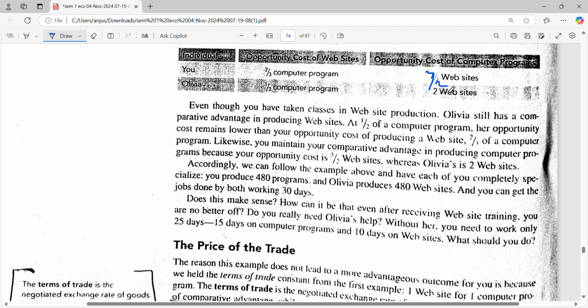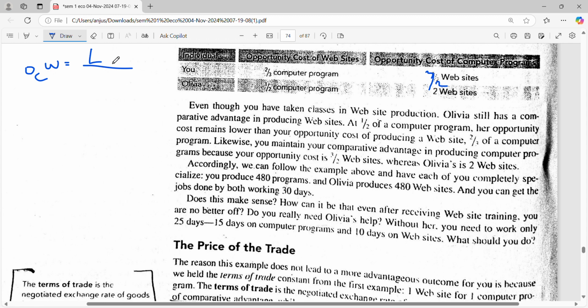That is, if you need to create one website, the opportunity cost of a website you need to calculate as loss in computer programs by gain in websites.